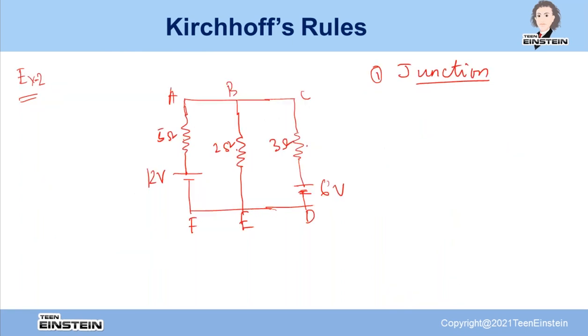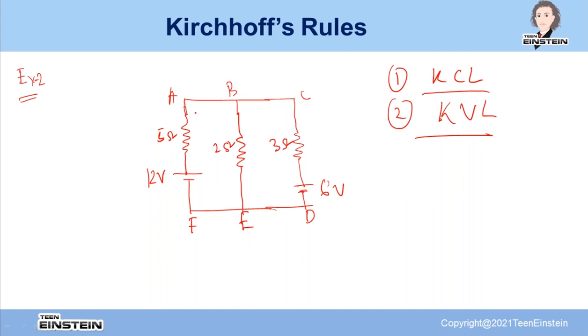Can you apply KCL and KVL both and find the current through each branch? While applying KVL and KCL, if you have taken the wrong direction of current in the beginning, it does not matter. At the end, when you calculate the current, some current you will get negative. Then you have to say that you have taken the opposite direction, so the current direction will be opposite, and take the positive value.